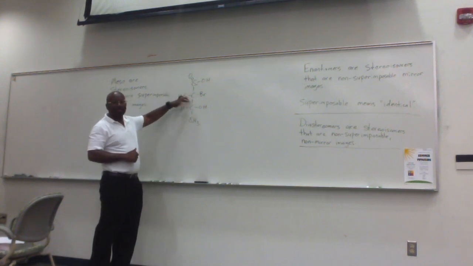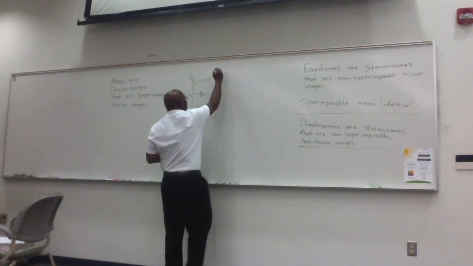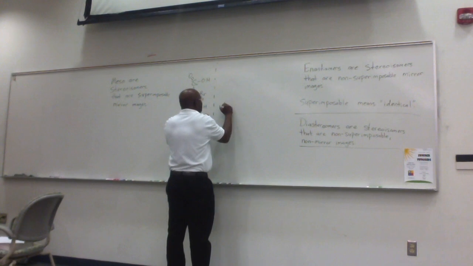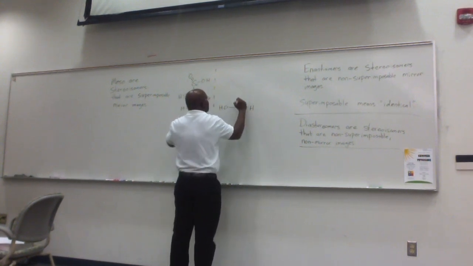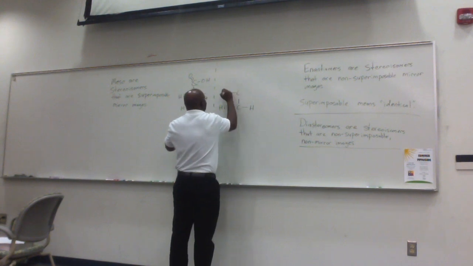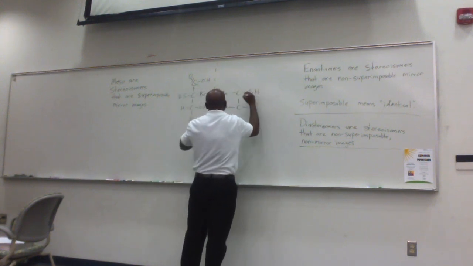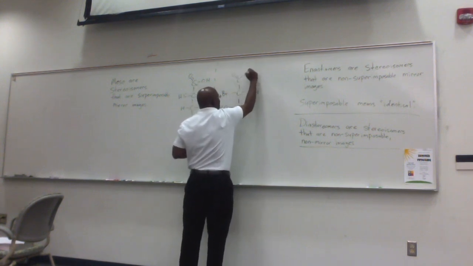No. If I want to draw the enantiomer of this molecule, I draw a mirror. H and O will mirror each other. We've got C and H, a bond, and a C. The Br will mirror the Br. The SH will be on the other side. We then have a C, double bond O, OH.